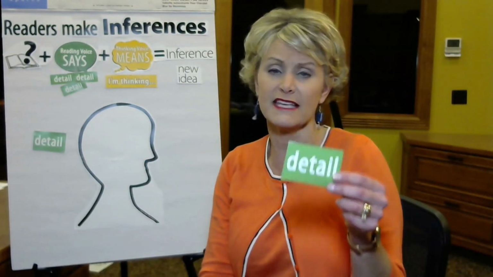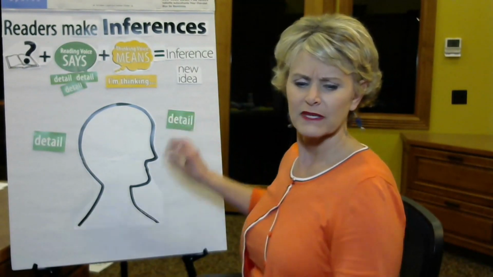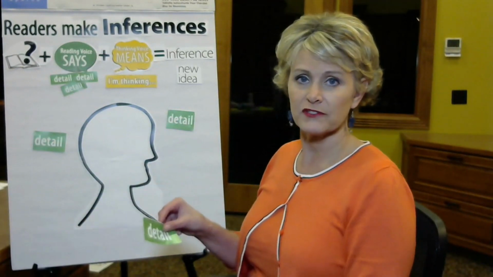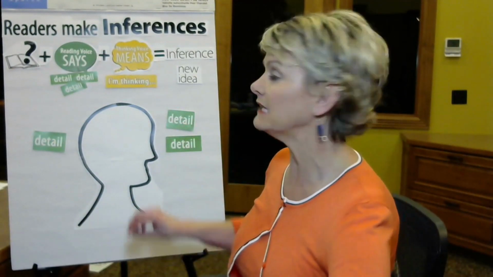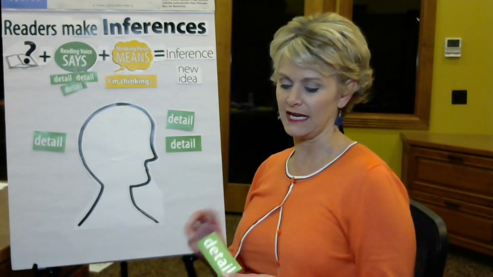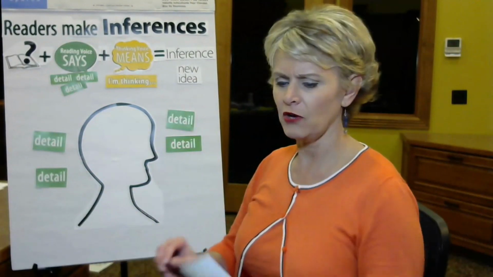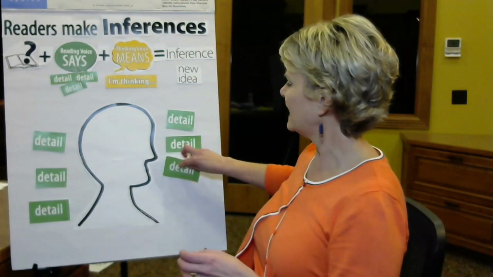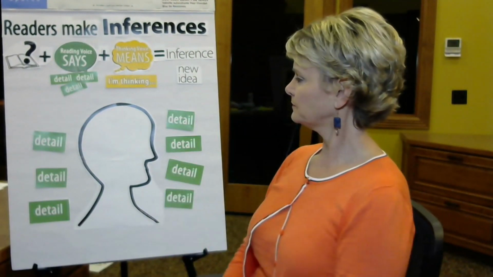That's what we mean by a detail. Words, phrases, things you can actually see that you think might help me. I'm trying to figure out whatever the question is, and you need to collect details. And remember, an inference has to have multiple details. So this word or phrase might help. This might be a clue. Each of these details is spoken by the reading voice.